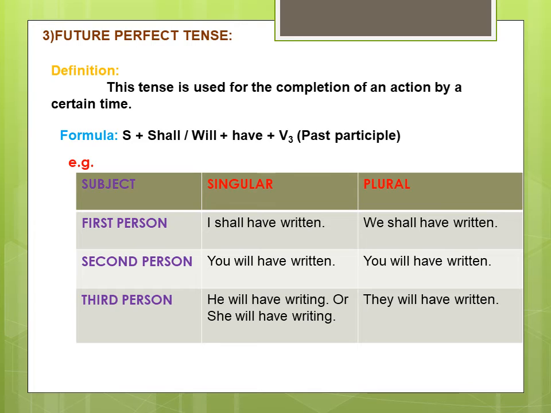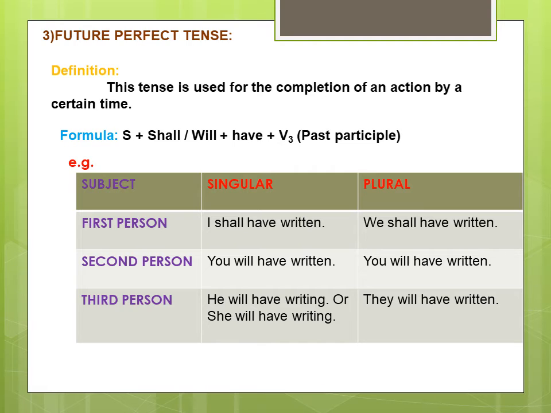Lastly, in the subject column, third person. In the singular column: he will have written or she will have written. Here he and she are showing us the subject, third person. Will have is really important in it, and written means the past participle form of the verb.